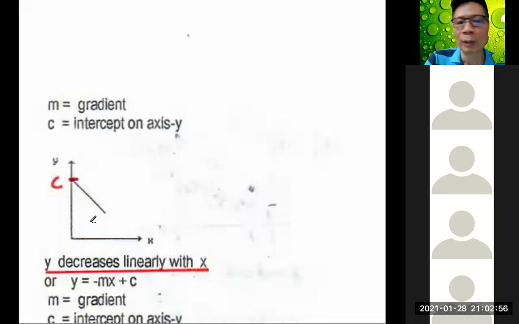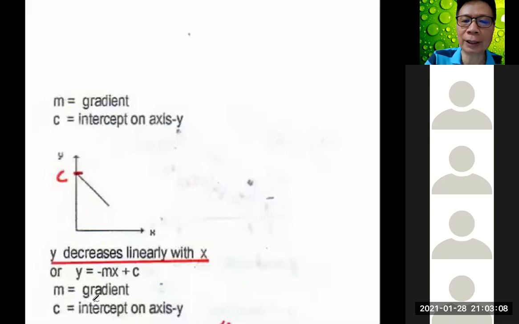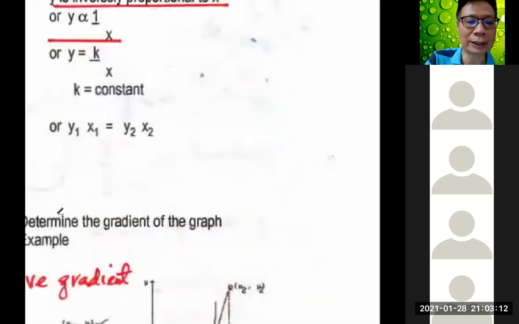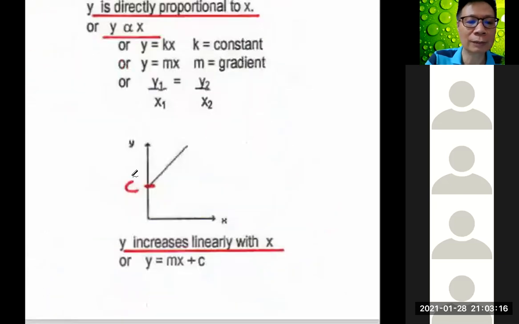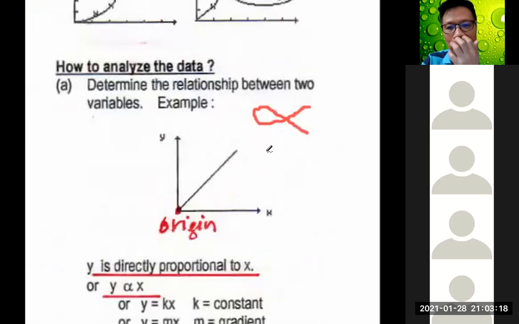And one more thing you learn, the line cuts through the y-axis at the point we call C, the y-intercept. Intercept means that the line cuts through the y-axis. Like just down here, also got y-intercept, C. Okay.